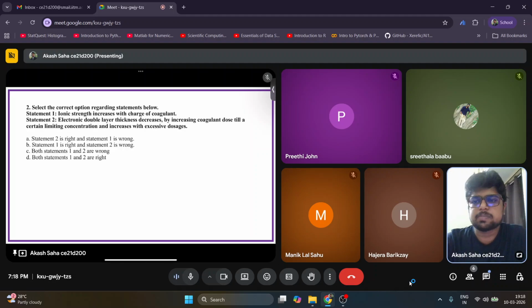Let's move on to the next problem. Select the correct option regarding statements below. Statement 1 says ionic strength increases with charge of coagulant. Statement 2, electric double layer thickness decreases by increasing coagulant dose till a certain limiting concentration, and increases with excessive dosages. So tell me which of the statements are correct.